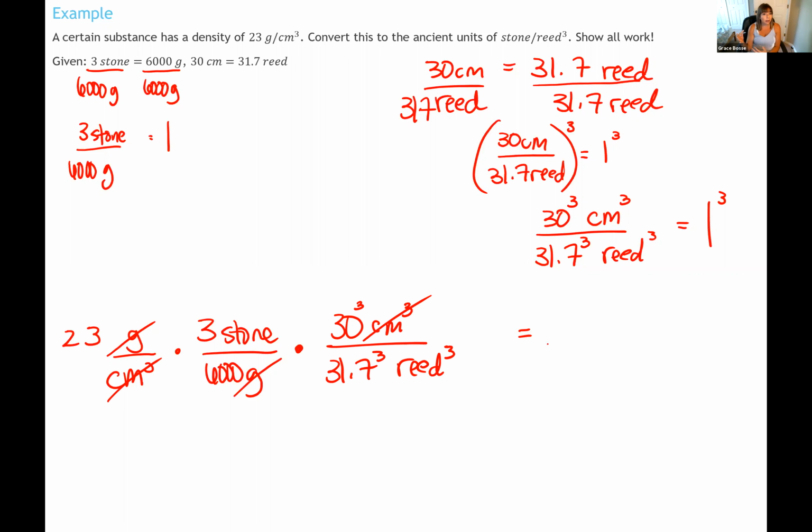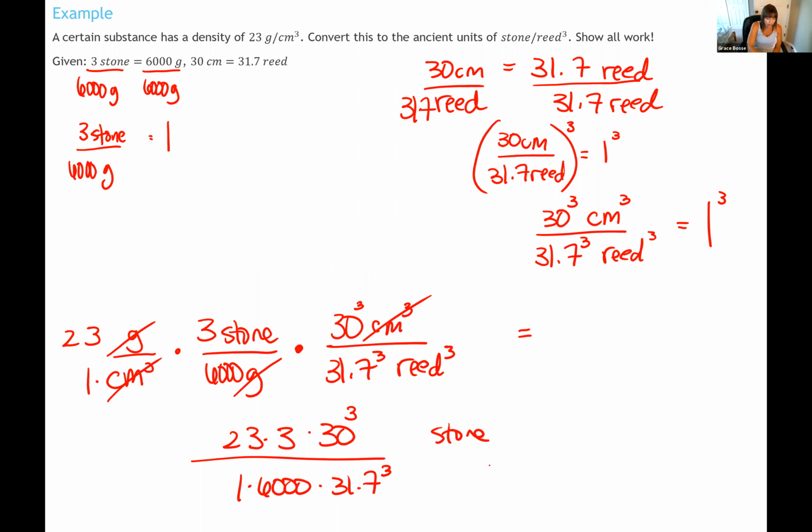and so now I am finally able to actually multiply all my numbers out, perform some arithmetic. So I have 23 times 3 times 30 cubed divided by, this is an implied number 1 down there, so just 1 times 6,000 times 31.7 cubed. And again, I'm in stones per reed cubed.